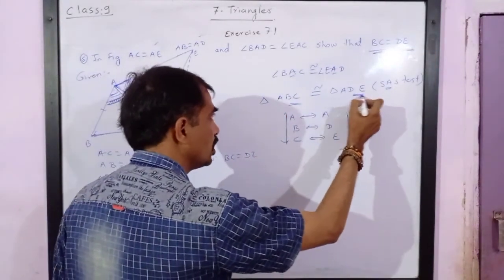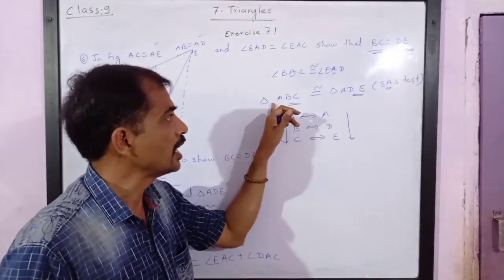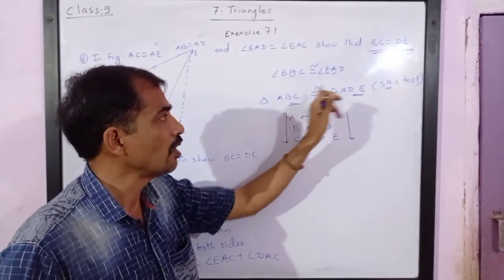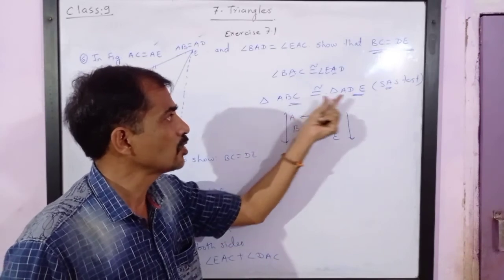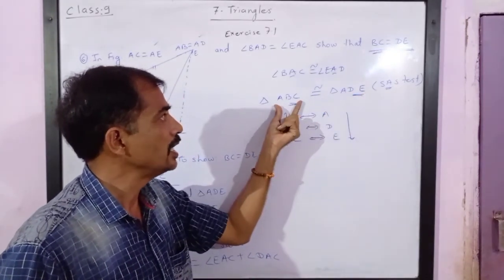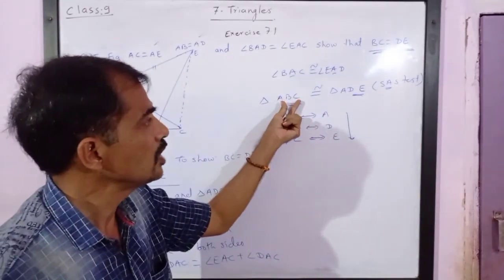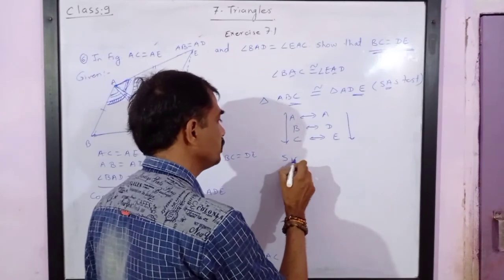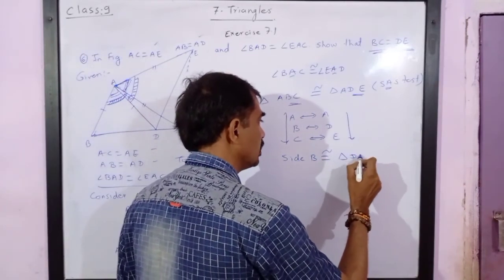Please note, if two triangles are congruent, it means their corresponding parts are congruent. That is, angle A is congruent to angle A, angle B is congruent to angle D, angle C is congruent to angle E, side AB is congruent to side AD, side BC is congruent to side DE, and side AC is congruent to side AE. Out of this, the one result we need is side BC congruent to side DE.